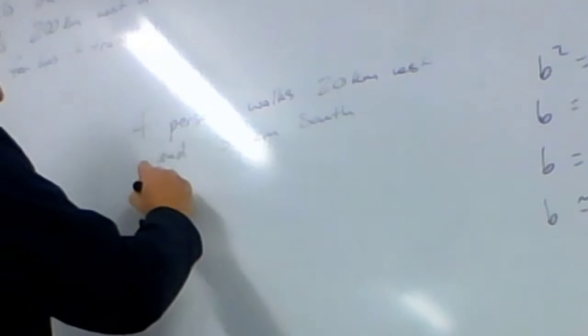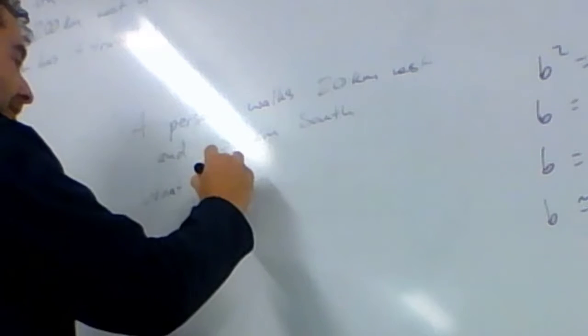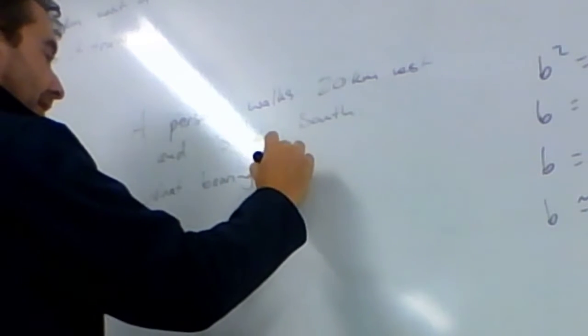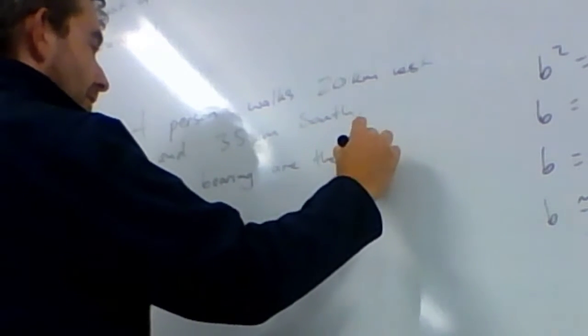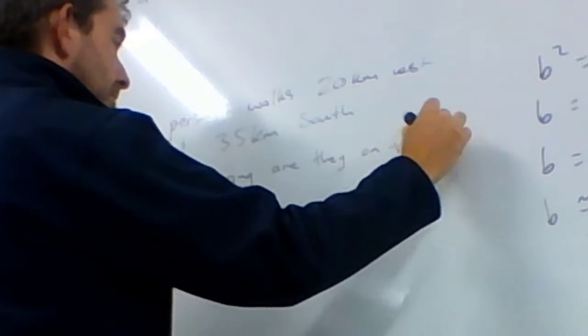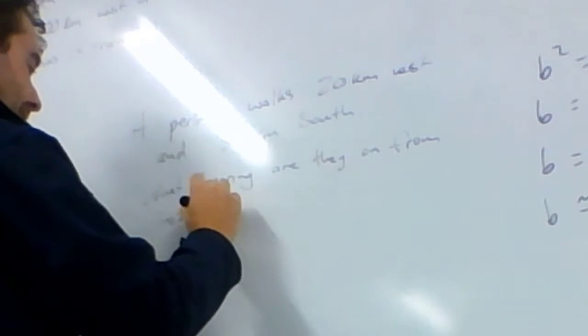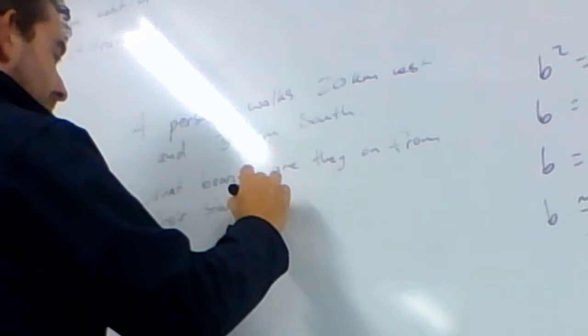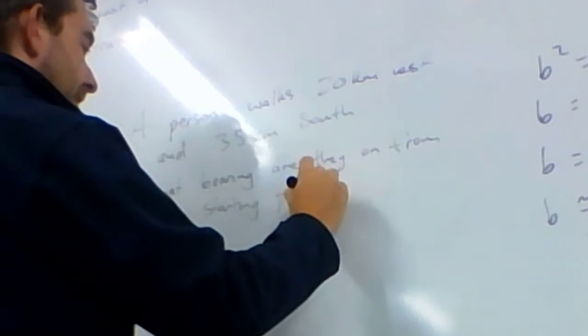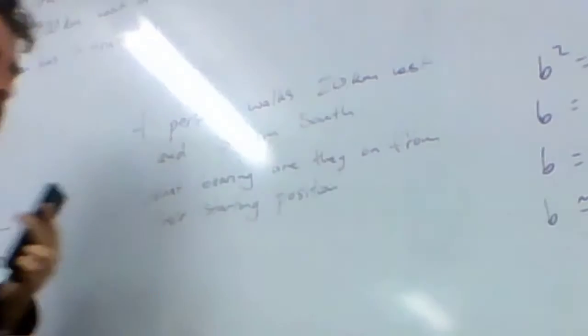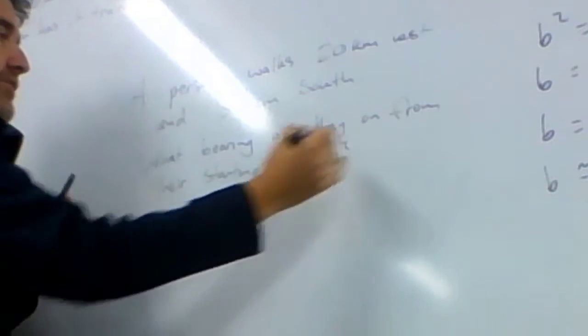Okay, if someone does that, then the question could ask, what bearing are they on from their starting position? So how would we go about working that out? We draw it up first.